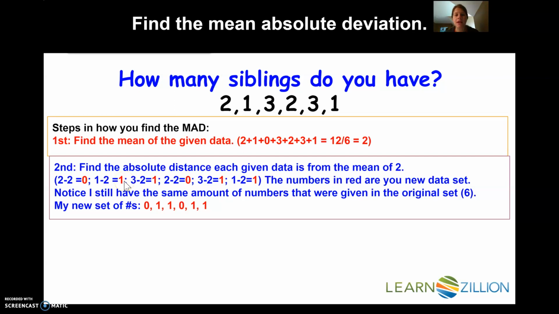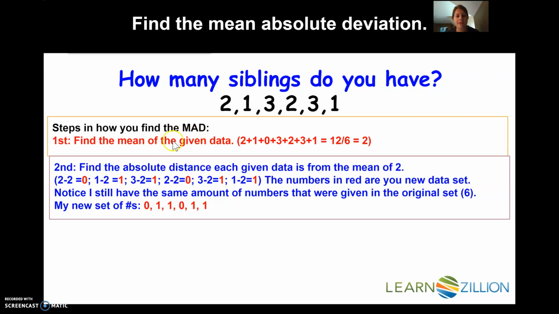Now think of this on a number line. How far apart are they on a number line? So these numbers I've written in red are the distance each of these is from the mean. By the time you're done, if I was given originally 6 numbers, then I should have 6 new numbers. These are my distances that each of the data set was from the mean. Once you grasp this step right here, this is going to be really easy for you.